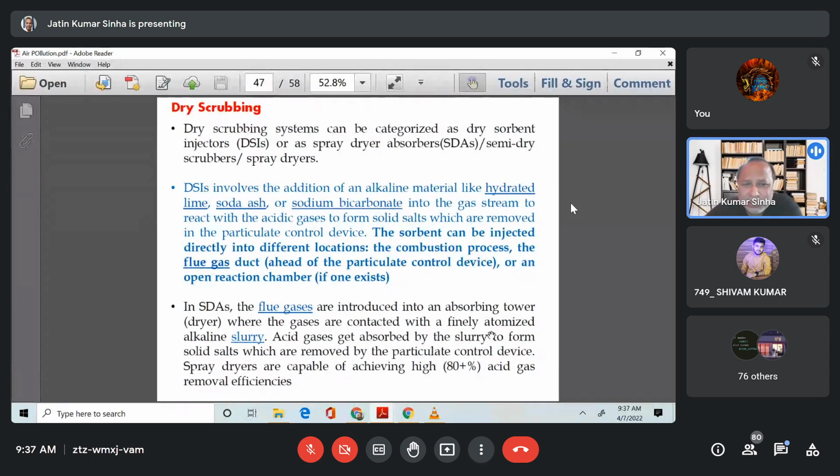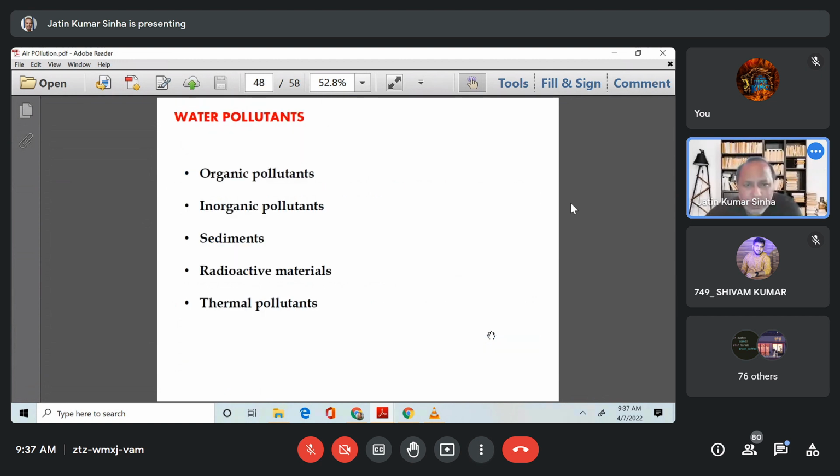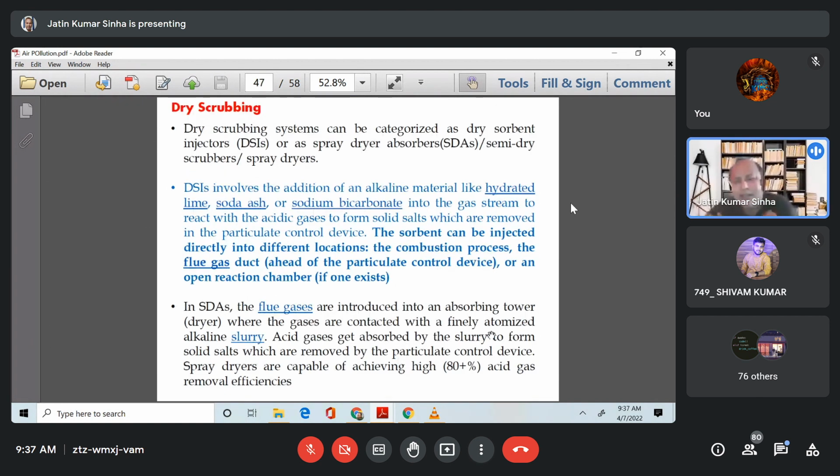The advantage of this kind of system is that its efficiency can go up to 80%. It can clear out 80% of the pollutants from the air, and the air would be free from almost all the toxic gases, nearly up to about 80%. So these are the methods that we use to tackle air pollution.